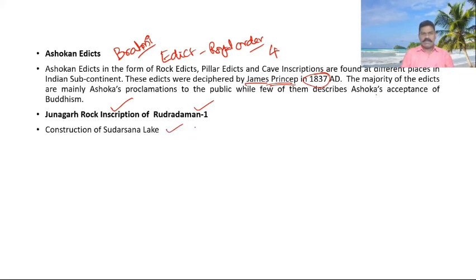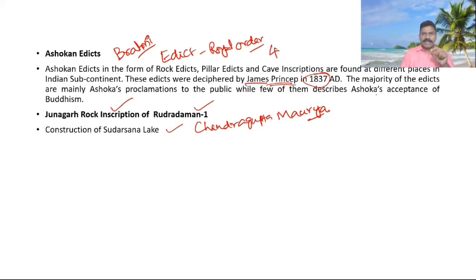Originally, the Sudarshana Lake was constructed by Chandragupta Maurya by sending a person called Pushyagupta, his brother-in-law.